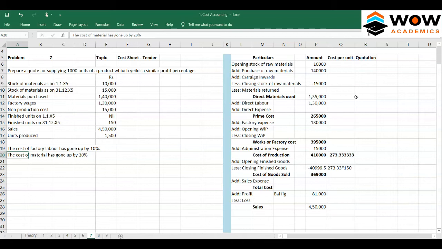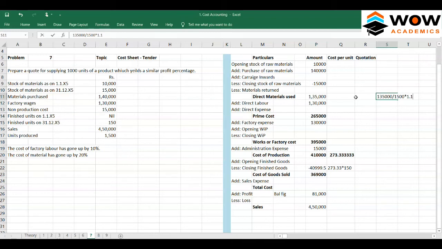So we'll start. The direct material used is 1,35,000. This cost has gone up by 10%. This cost is for 1,500 units, and it is going to go up by 10%, so it is 1.1.